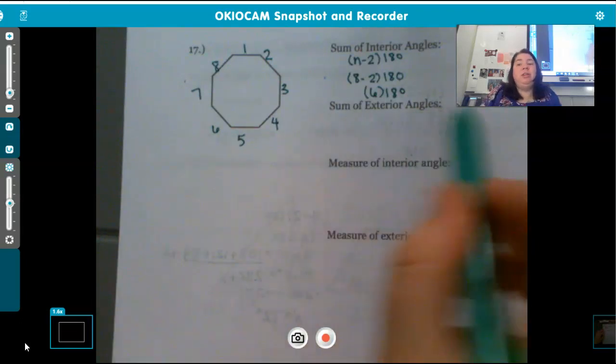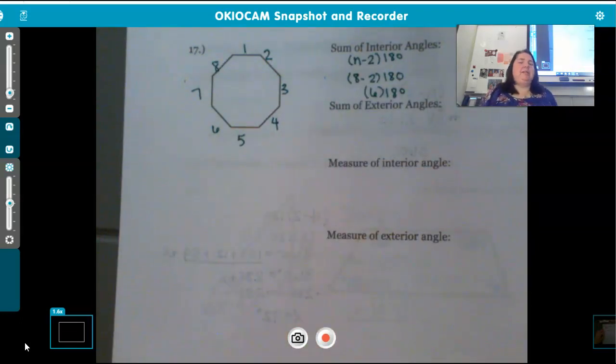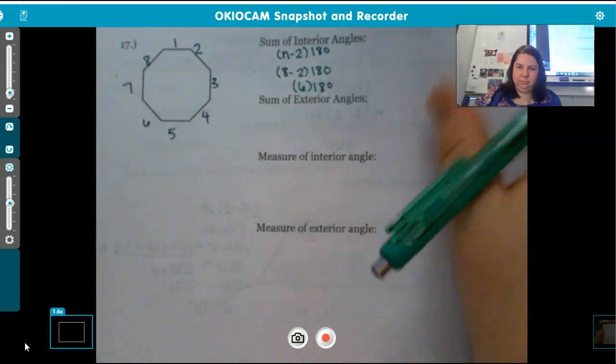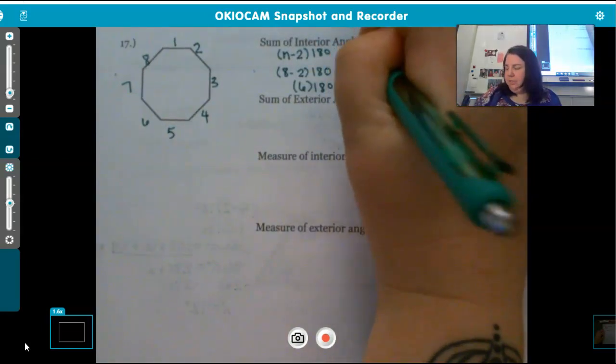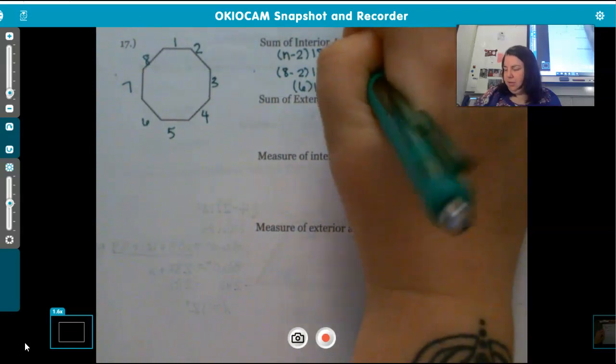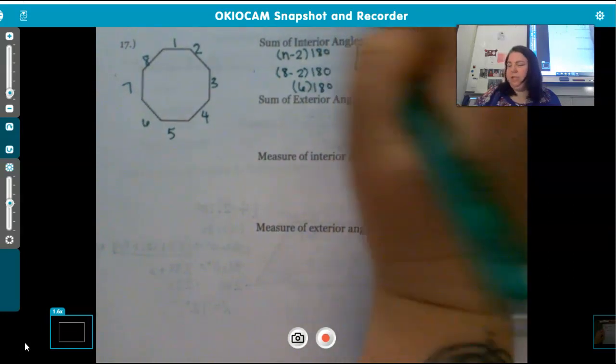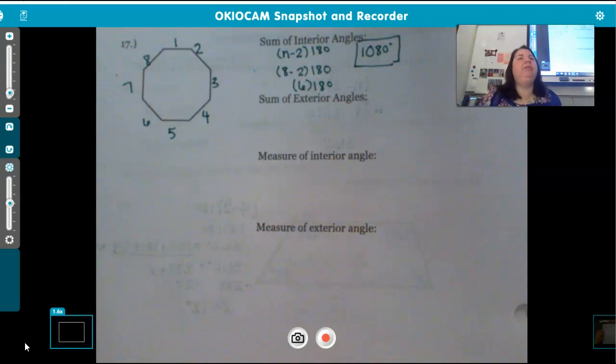I want you to put this in your calculator. Tell me what you get. 1080. So the sum of the interior angles is 1080. What is the sum of the exterior angles of this figure?